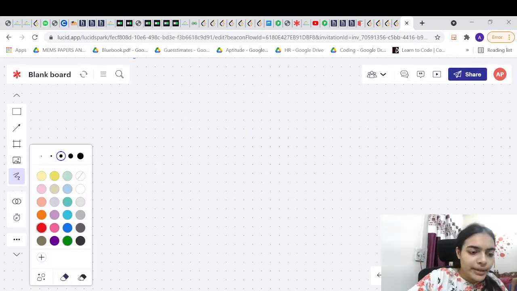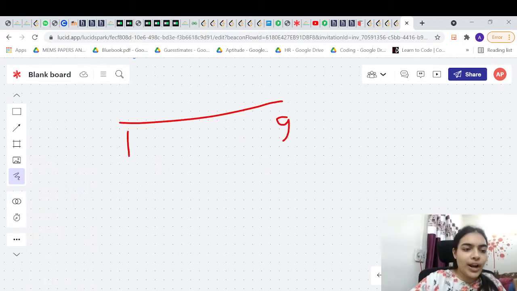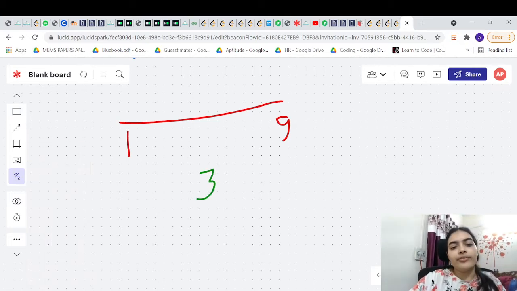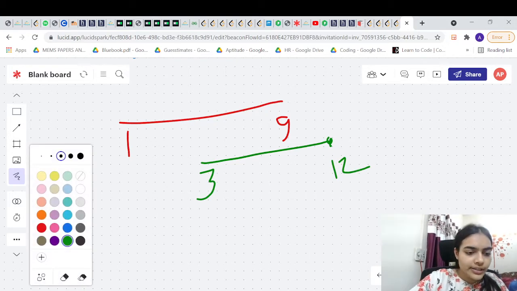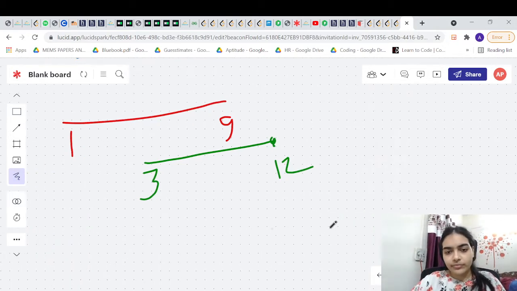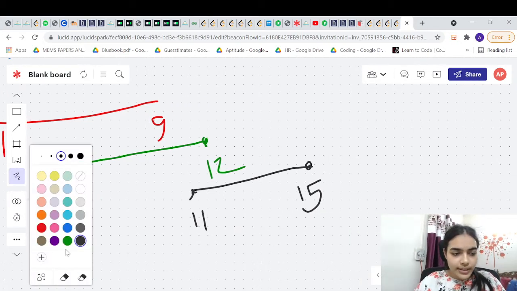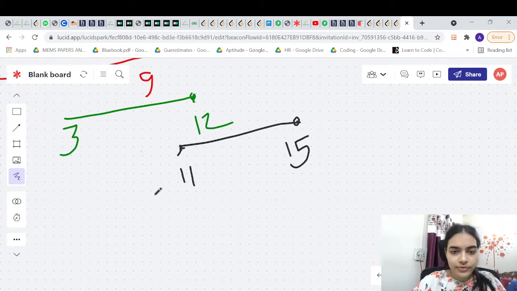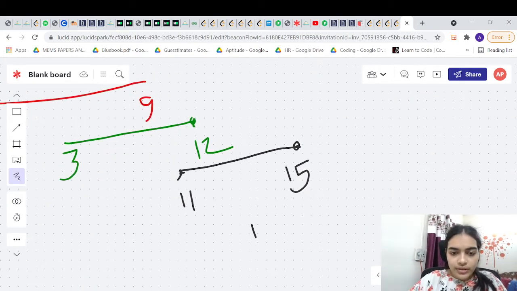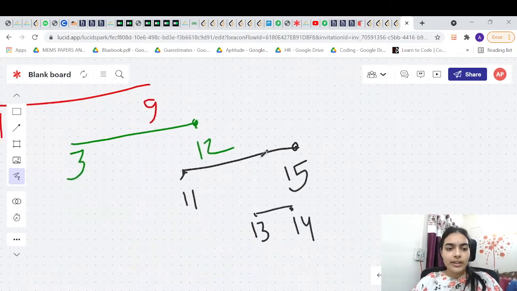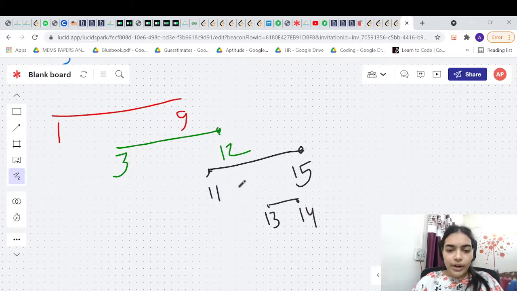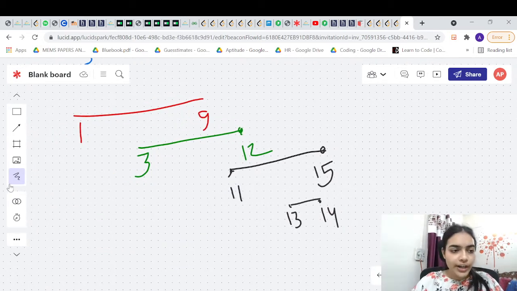Let me take a bigger example so that we are more clear. 1 9, and let's say you have 3 12, and let's say you have 11 15, and let's say you have 13 14. Okay, so these are the intervals that are given to you. Now you have to find the minimum number of deletions to get non-overlapping intervals.